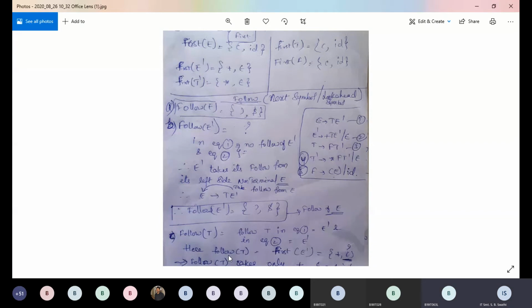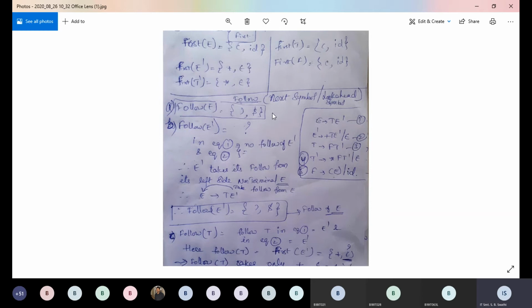No, ma'am. Okay. Now, here we can take the first of E dash as it is. First of E dash is plus comma epsilon. This can be taken as follow of T. But here we can see epsilon is there. In follow of T, epsilon is not allowed. In place of epsilon only we are using this dollar.